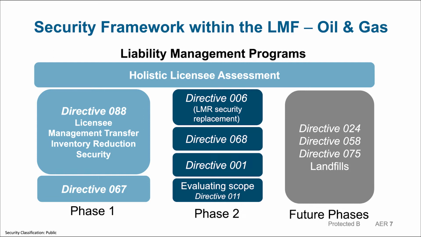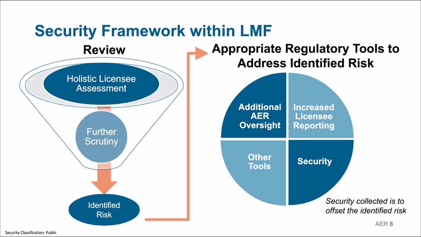It is important to note that when the directive is released in Phase 2, there will be refinements for the inventory reduction and transfer security processes to ensure continued alignment with the overall security framework. In the review, first, licensees applying for a transfer will undergo a holistic licensee assessment under Directive 88.